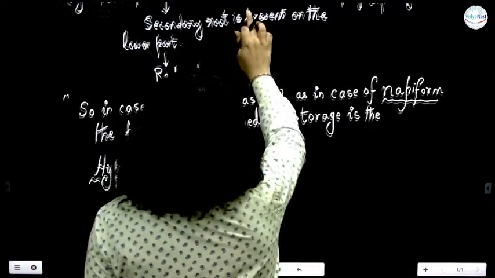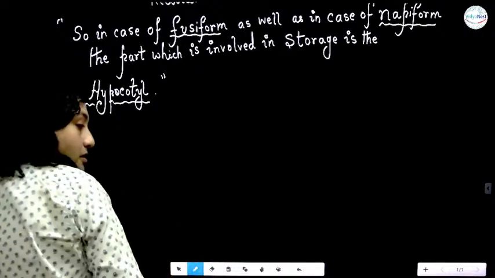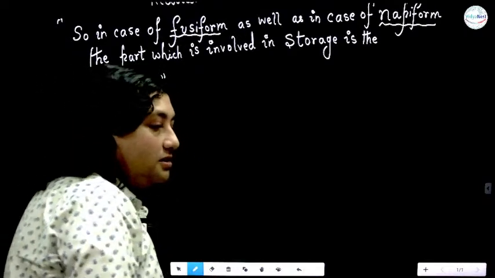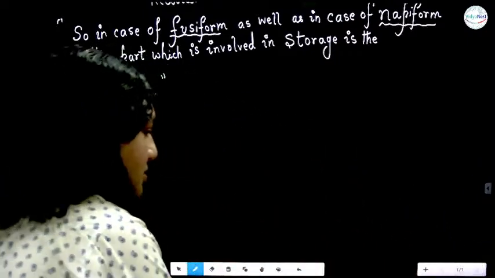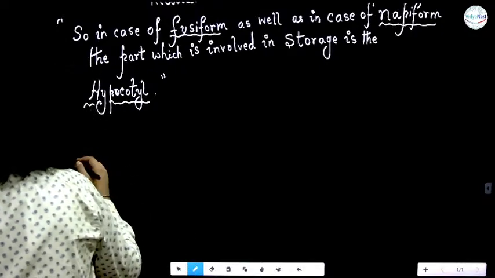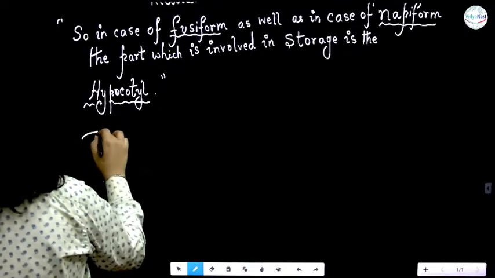After this, there is the tuberous root. Saurav and others, can you understand? Yes, sir, I can understand. Then the tuberous root is present over here. Another type of root, that is the tuberous root.